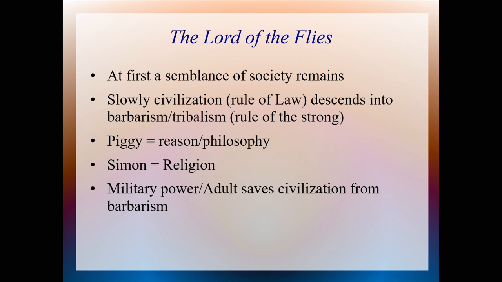Religion can't keep society together. In fact, everything, civilization, which is symbolized by Ralph, is falling apart, and it's about to be destroyed. And what saves it at the end? Military power, the naval officer arriving. The adults, they save civilization from tribalism or barbarism.